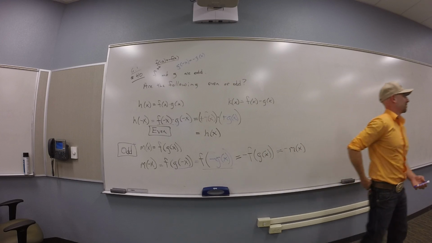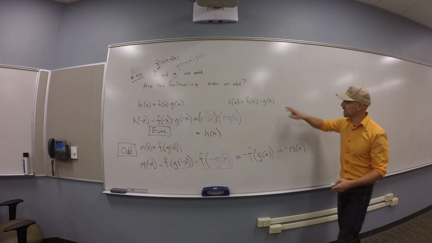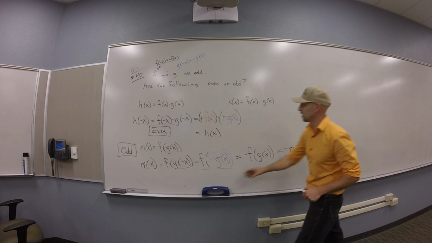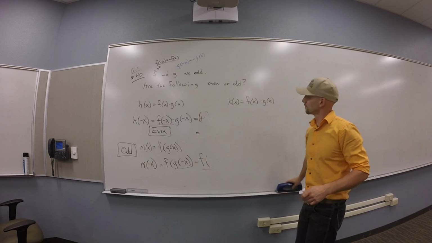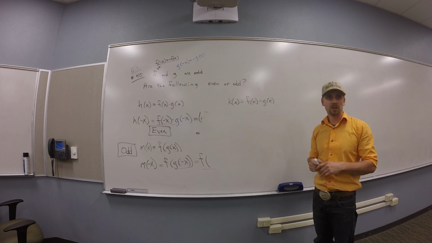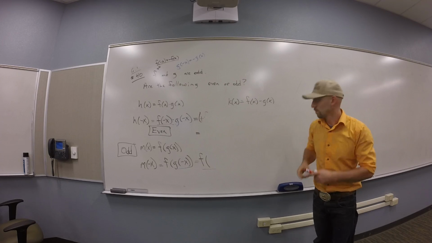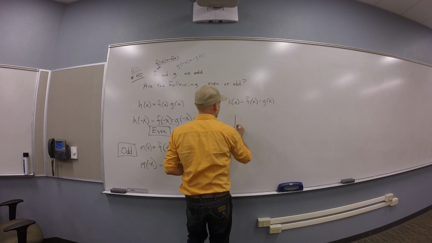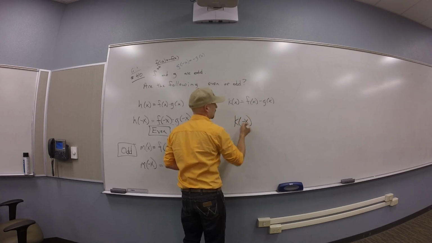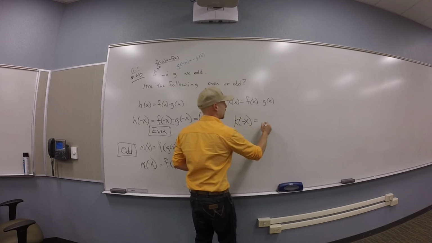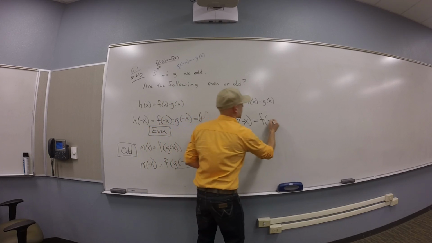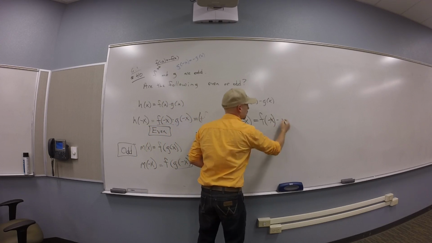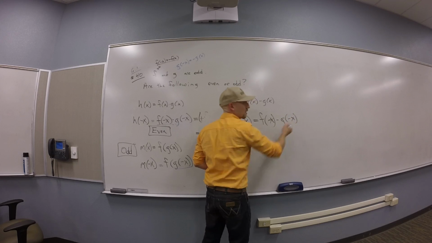All right, so how about k, which is f minus g? So what do I consider first? Yeah, negative. Good, so start by considering k of negative x, which is f of negative x minus g of negative x.